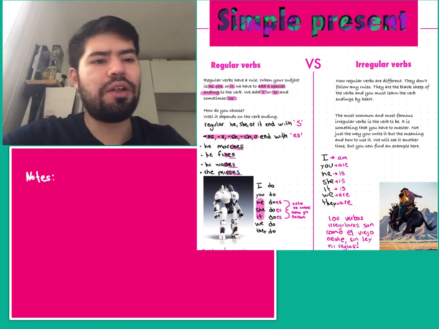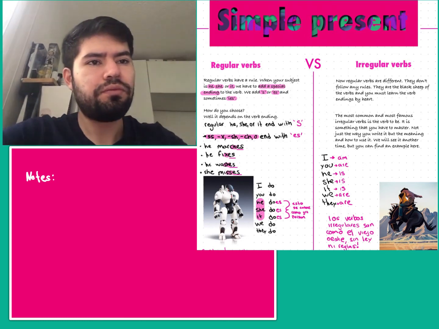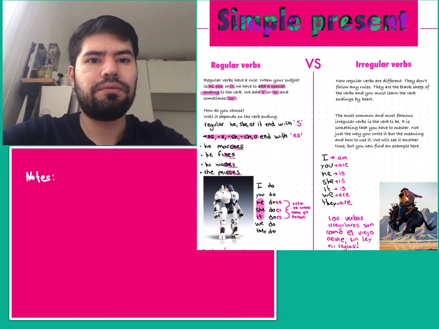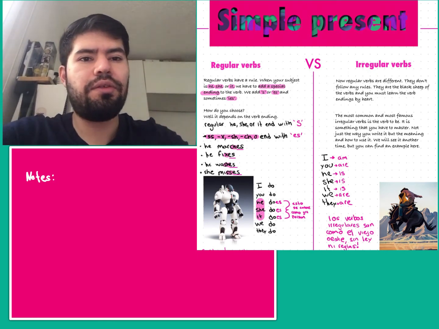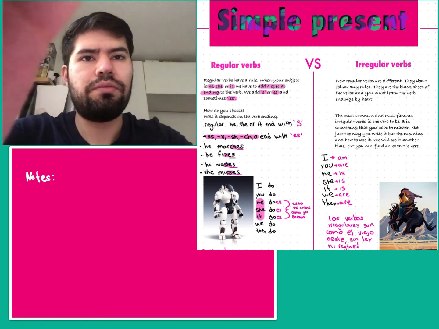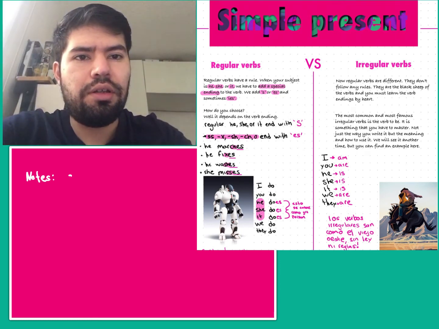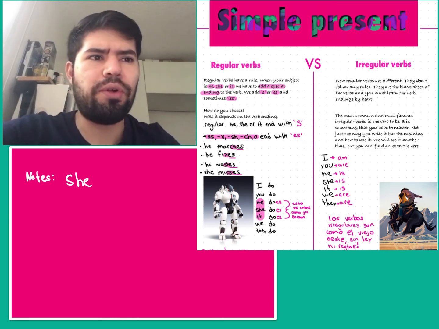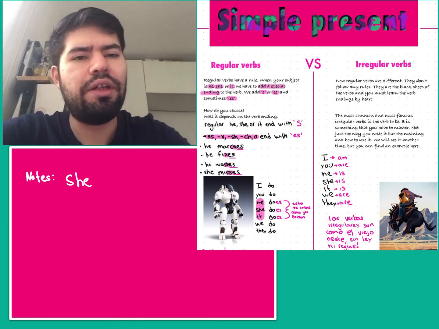So let's start with an example. Let me get my pen, and let's write out a quick example. She, we're going to talk about food, because we love food. So I'm going to be using she.